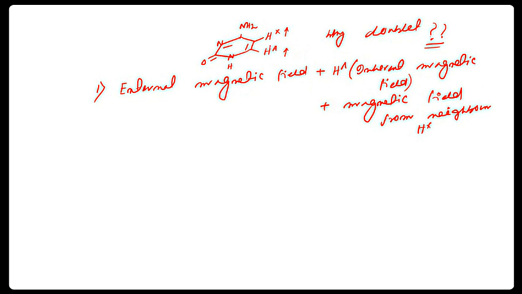What is happening? Let's say this is the peak from Hx, and this is the peak from Ha.